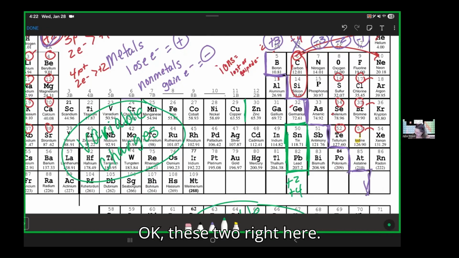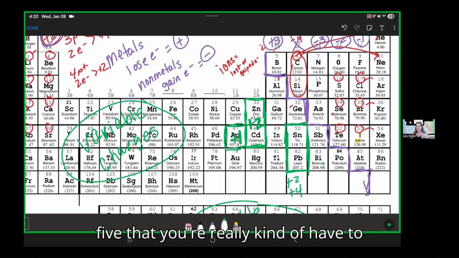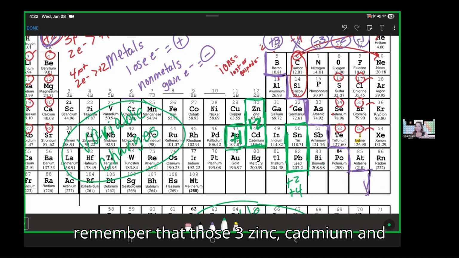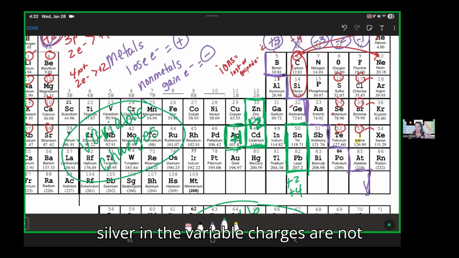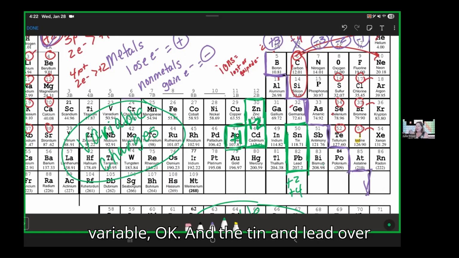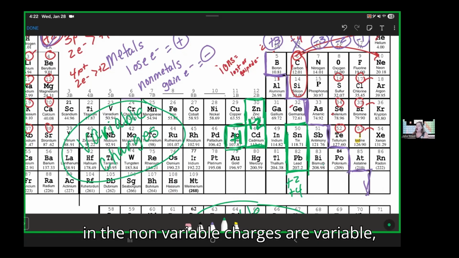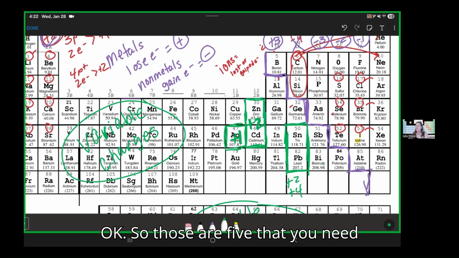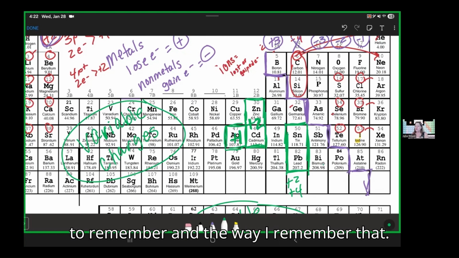Okay, these two right here are always +2. And this one right here, silver, is always +1. Okay, those are the 5 that you really have to remember, that those 3, zinc, cadmium, and silver, in the variable charges are not variable. And the tin and lead over in the non-variable charges are variable. Okay, so those are 5 that you need to remember.